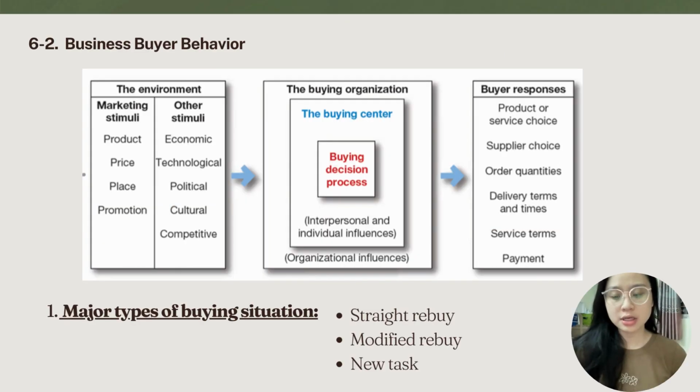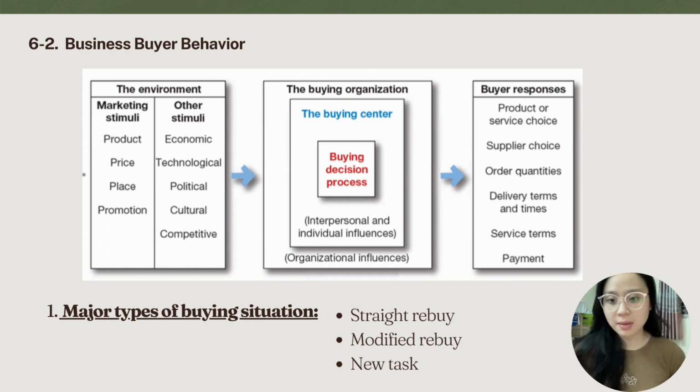Now we will discuss business buyer behavior in organizations. It comprises buying centers and the buying decision process. And here are the major types of buying situations. The first is straight rebuy, a business buying situation in which the buyer routinely reorders something without any modifications.